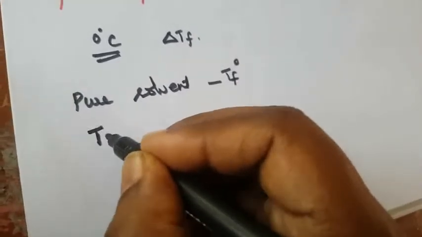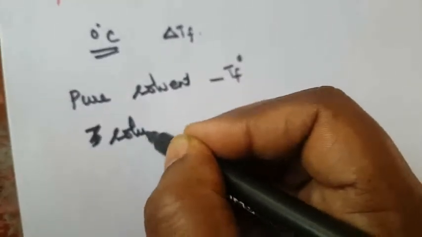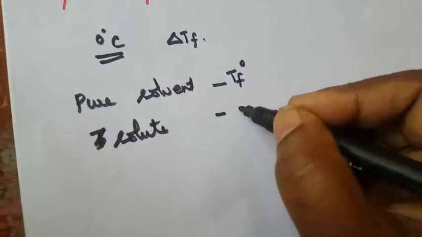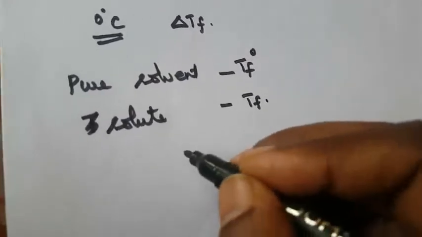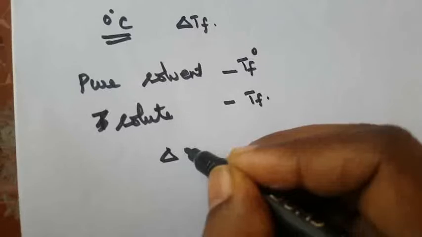Now we add the solute to the solvent. After that the temperature can be calculated, and that temperature is called TF. So the difference from the pure solvent is delta TF.